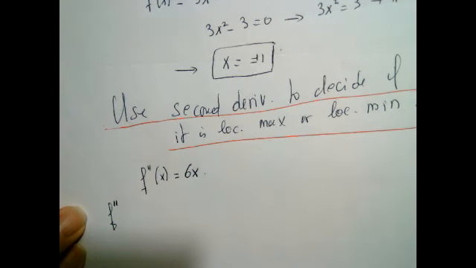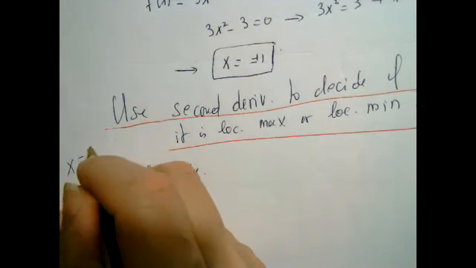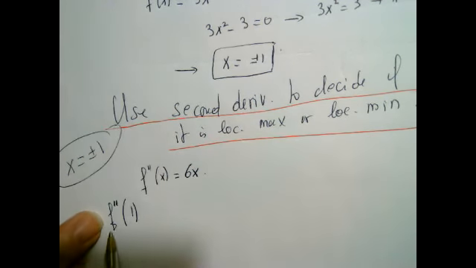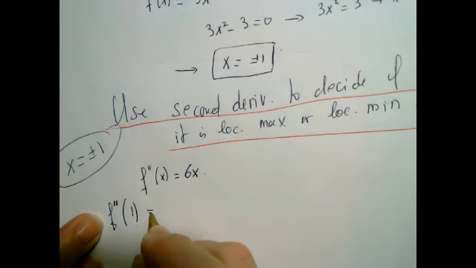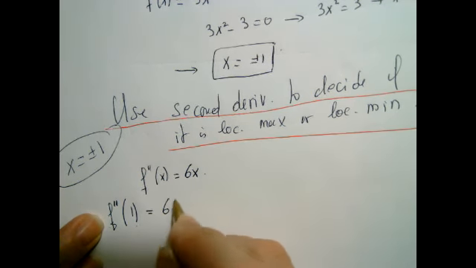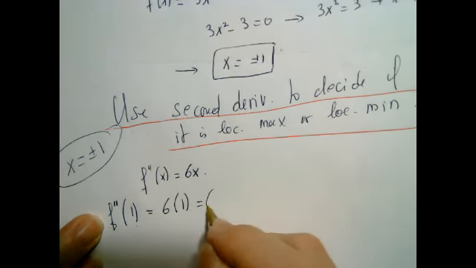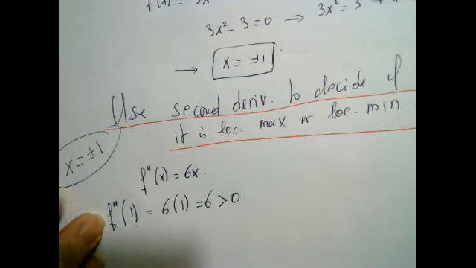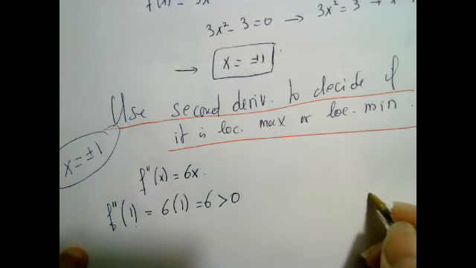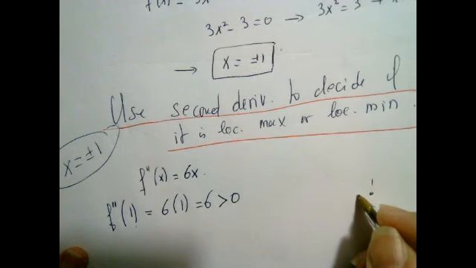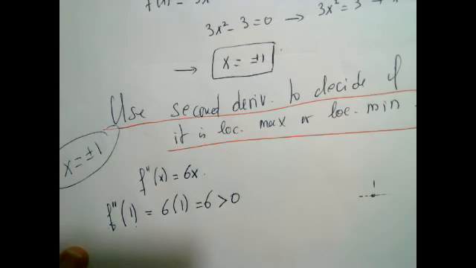Now, evaluating means you find the value of the second derivative at the critical point. Okay, so my critical points are plus or minus 1, and you need to find the value of the second derivative at those. At 1, this is going to be equal to 6 times 1, which is 6, positive. So at 1 we have a horizontal tangent, and the second derivative is positive.